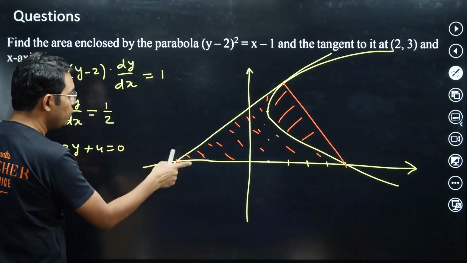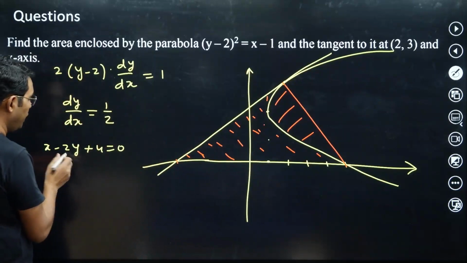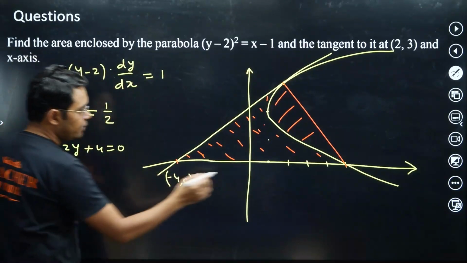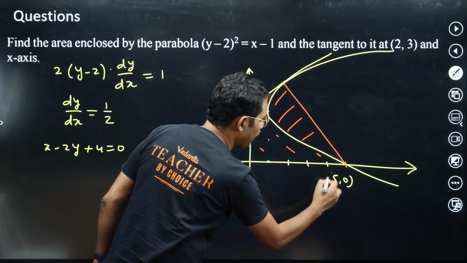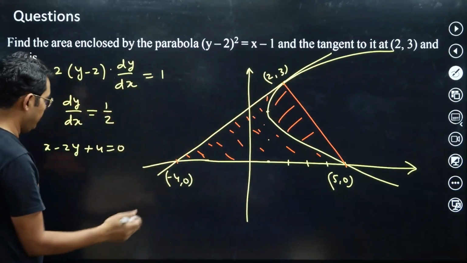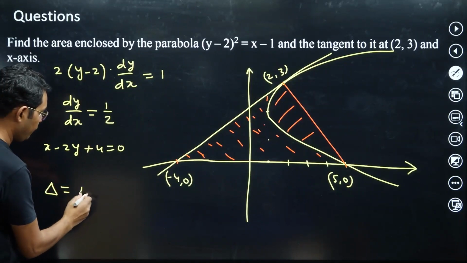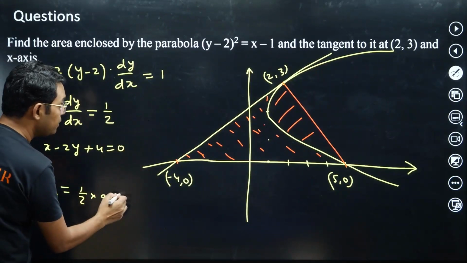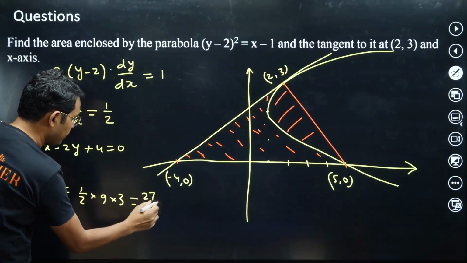Now if you put y equal to 0, this point is (-4, 0), and the other point was (5, 0), that is all I need. This is (2, 3). So the area of the triangle would be half into base, that is 9, and height 3. So it will be 27 by 2.